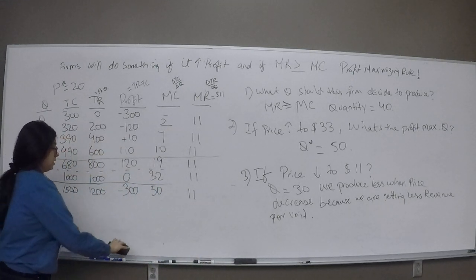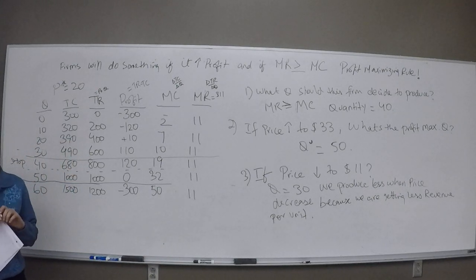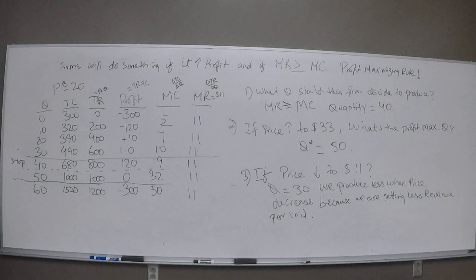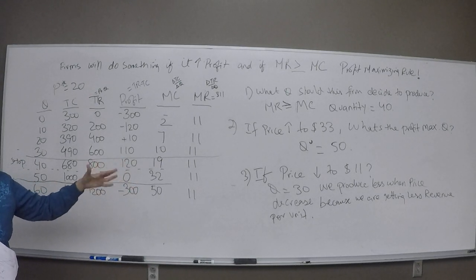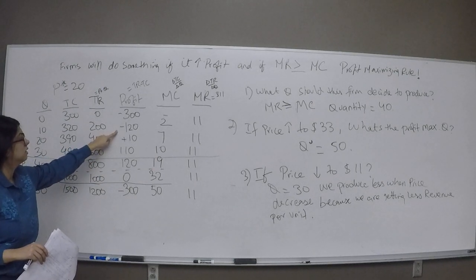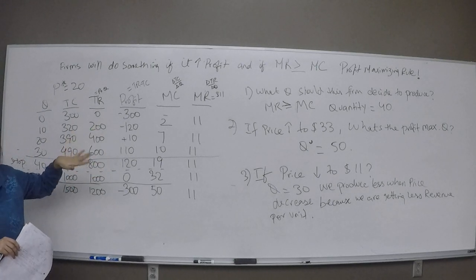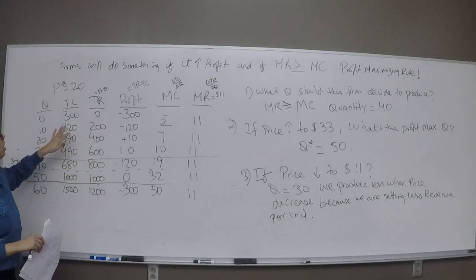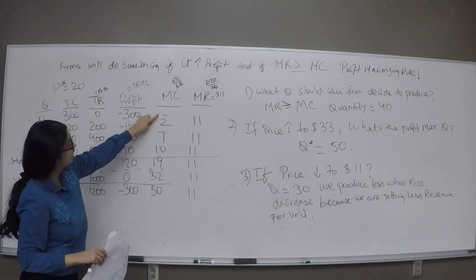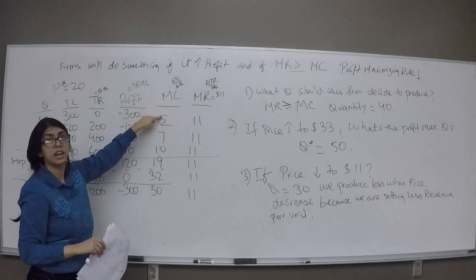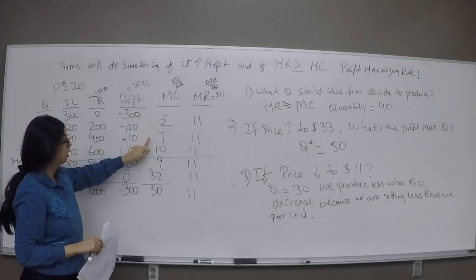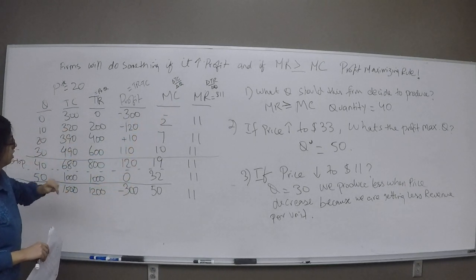So everybody got this so far? Yes. How did you get -1? Where do I have -1? Which column are you talking about? Marginal cost? Okay. This dash? No, that's blank. Oh, it's 7.